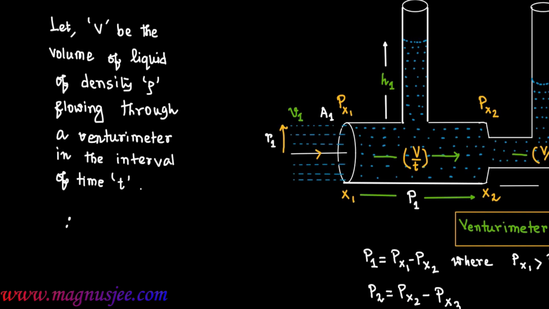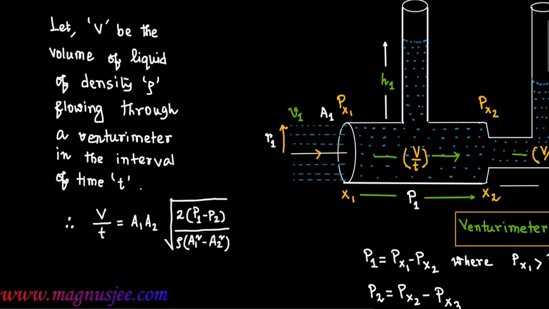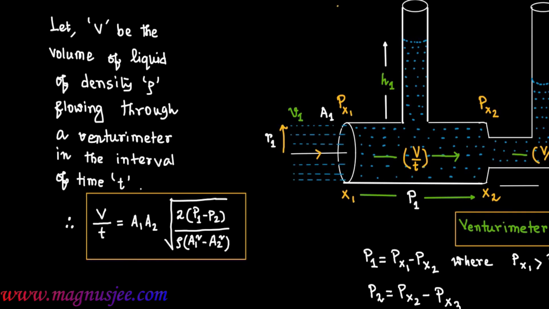Therefore, V by T equals A1 A2 root over 2 times P1 minus P2 divided by rho times A1 square minus A2 square. This is the rate of flow of liquid.